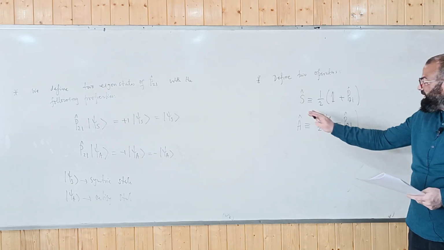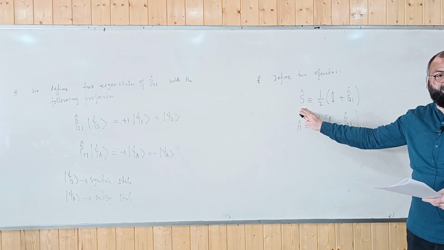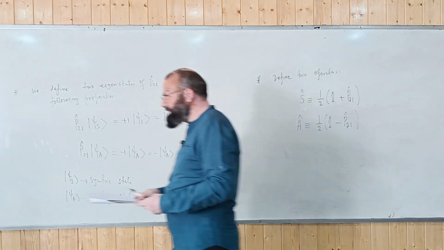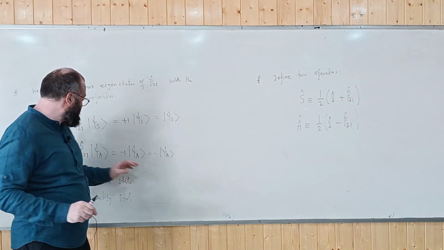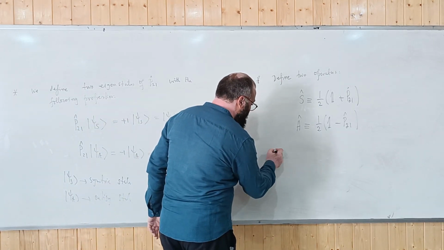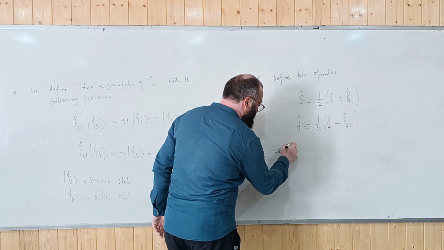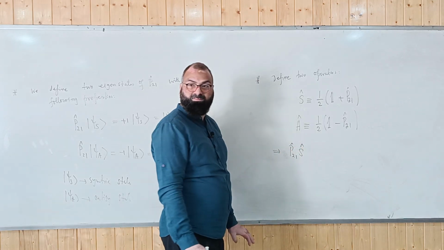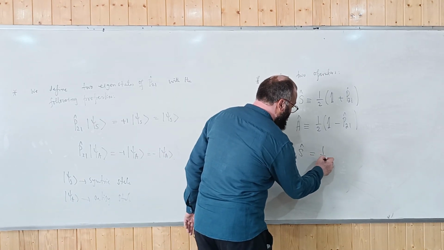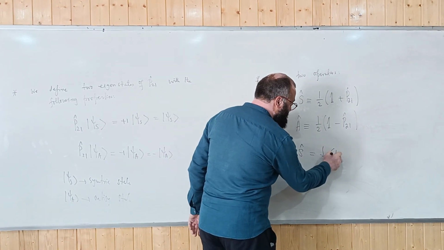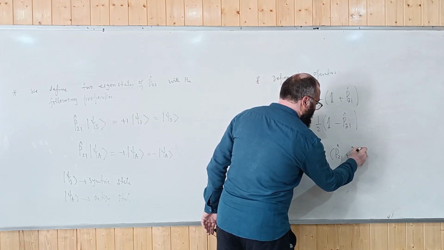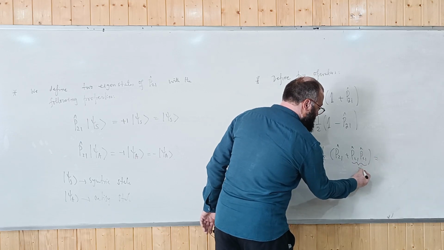Now let's check the action of these operators, how they act under this P21. If I apply P21 on this operator S, what does it give me? Half of P21 times identity is P21, then you have P21 times P21, which is your identity.